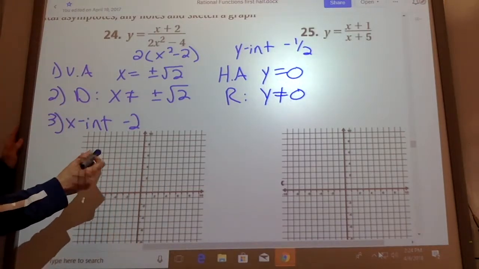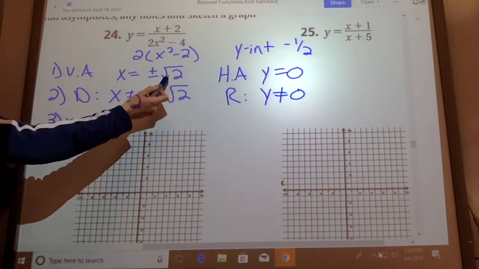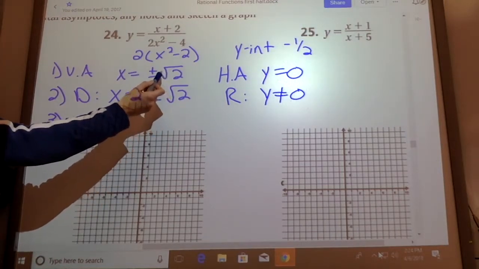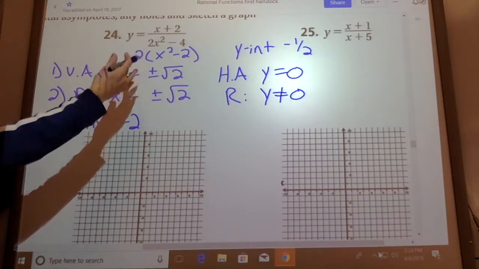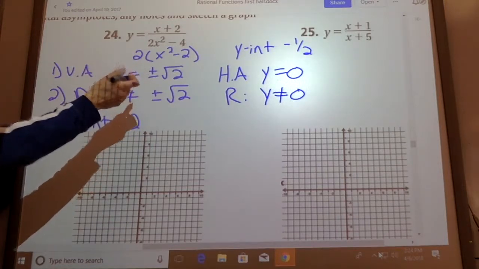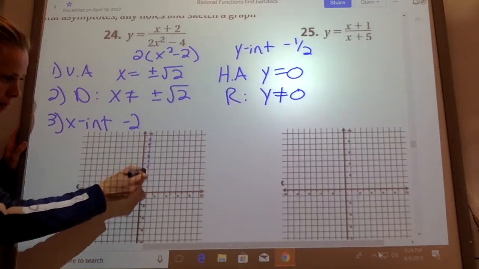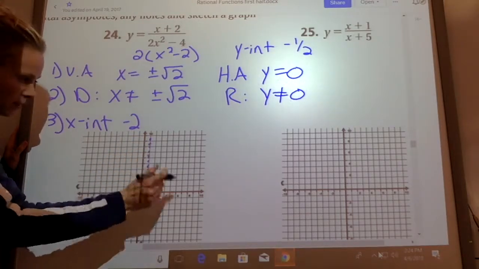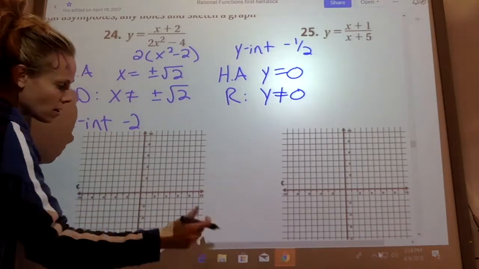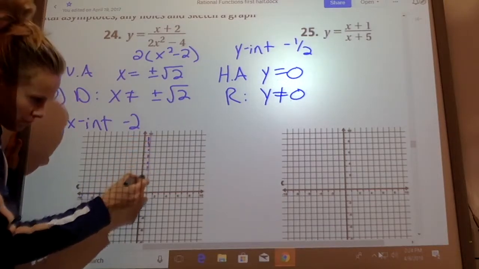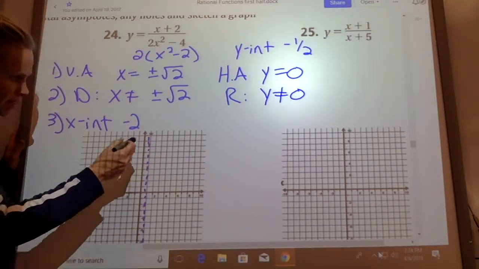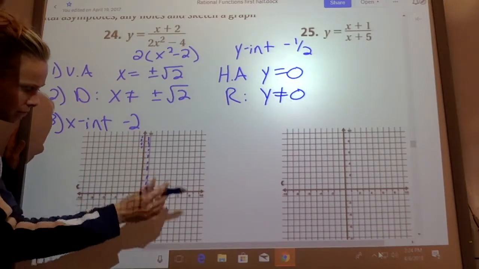Sketch in your asymptotes. What is the square root of 2 as a decimal? 1.7? So just do the best you can. 1.4. So I will graph a positive 1.4 and a negative 1.4.